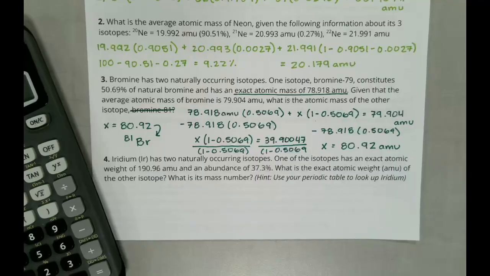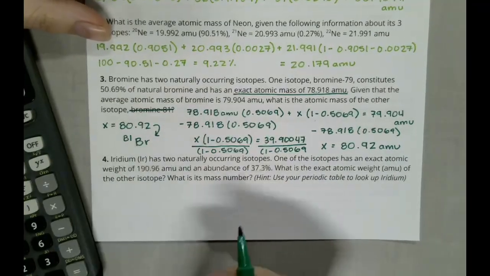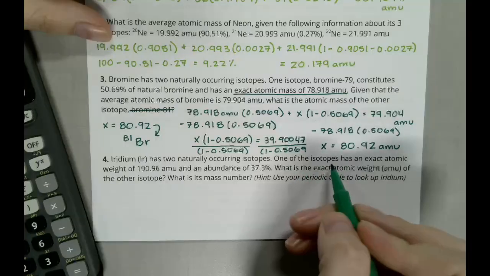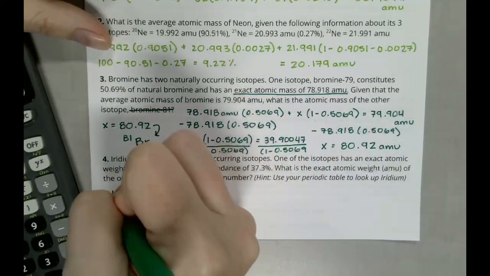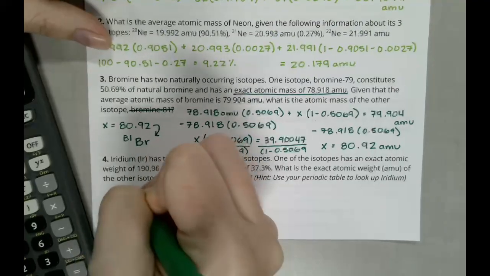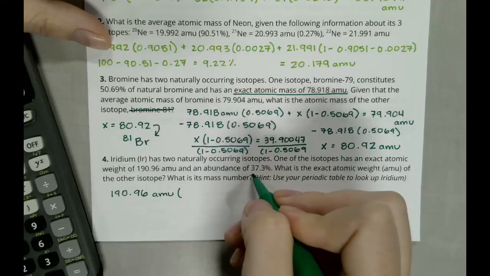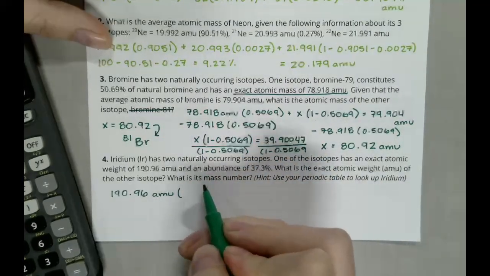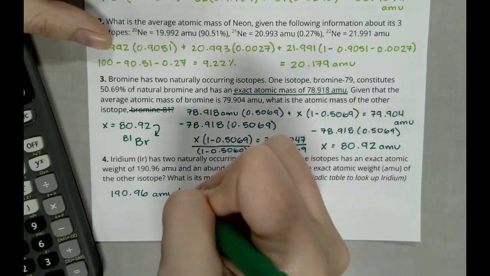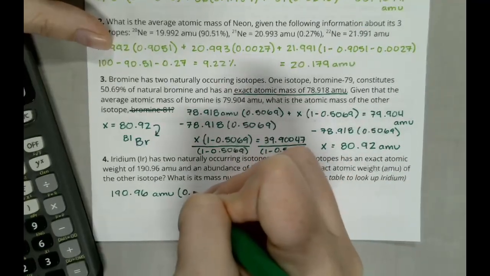All right. So this one is set up very similarly to the other one. We're working with iridium this time. We know that one of the isotopes, there's only 2, has an exact atomic weight of 190.96 AMUs, and the abundance is 37.3%. You can write this 37.3 over 100, but I prefer just to scoot the decimal so that I don't have to deal with that division problem.